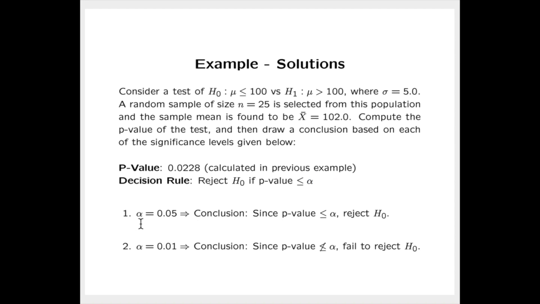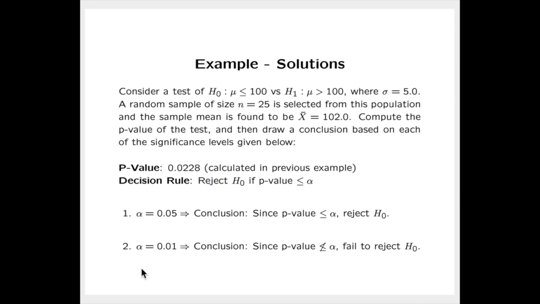Now, if the significance level being used is 5%, 0.05, then as we saw in the previous example, because the p-value, which is 0.0228, is less than or equal to alpha, we would reject the null hypothesis because the rejection criterion is satisfied.